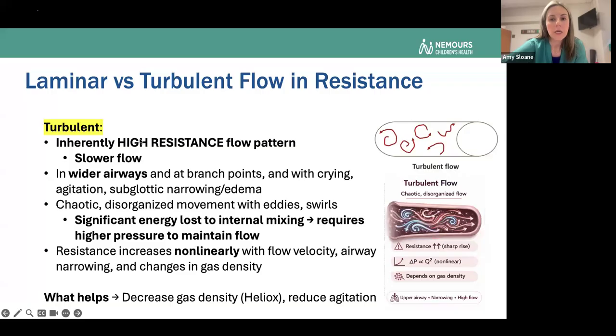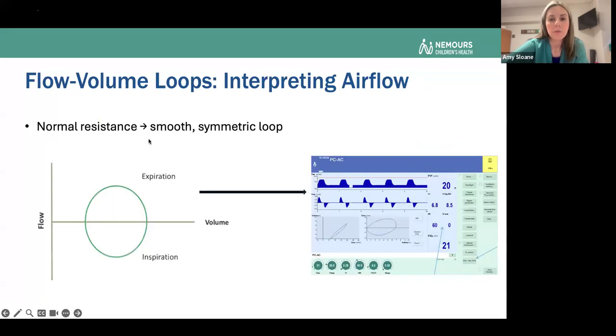Now observing this clinically, getting into flow volume loops and how we interpret the quality of our airflow. Flow volume loops on the ventilator, depending on which ventilator interface you have, you've seen in some capacity. These help us determine whether the air is moving easily in and out. Flow volume curves depict volume on the x-axis and flow on the y-axis.